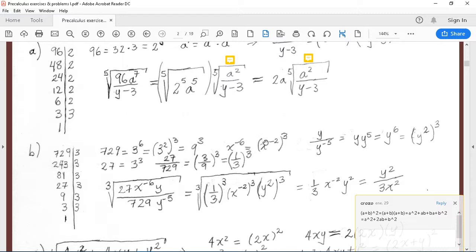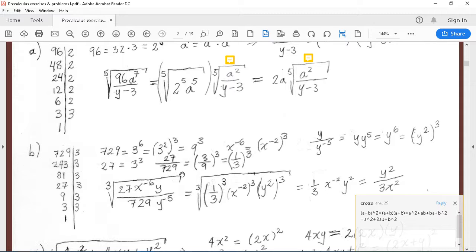x to the minus 6 equals x to the minus 2 to the 3rd power. y over y to the minus 5 equals y times y to the 5 equals y to the 6th, which is equal to y squared to the 3rd.